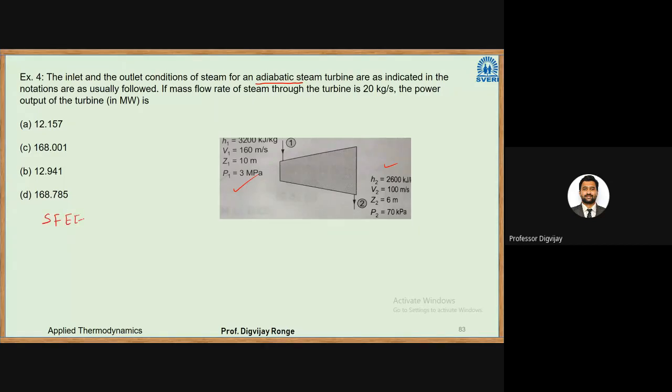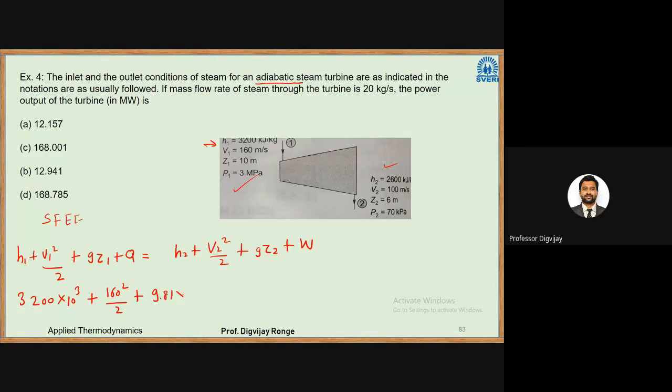So what is the SFE equation? H1 plus V1 square by 2 plus GZ1 plus Q is equal to H2 plus V2 square by 2 plus GZ2 plus W. Here enthalpy H1 is 3200 kilojoule per kg, which we have to convert into joule, plus V1 square by 2, 160 square divided by 2, plus GZ1, which is 9.81 into Z of 10 meter, is equal to H2, given as 2600 kilojoule, again converted into joule, plus V2 of 100 meter square divided by 2, plus 9.81 into 6, and plus, in this case, what is not given?